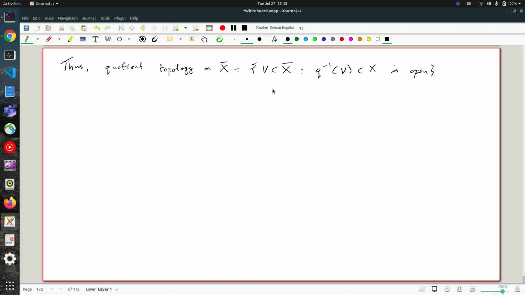So the quotient topology on this is this. This is nice, that we know the explicit set, but it's better to see it in terms of functions. And here what we have is the following theorem.